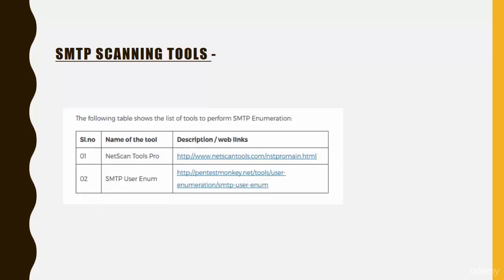These are the tools you can use for SMTP scanning: NetScan Tools Pro, which you can download from the link, and second, SMTP-user-enum, which you can also download from the link.